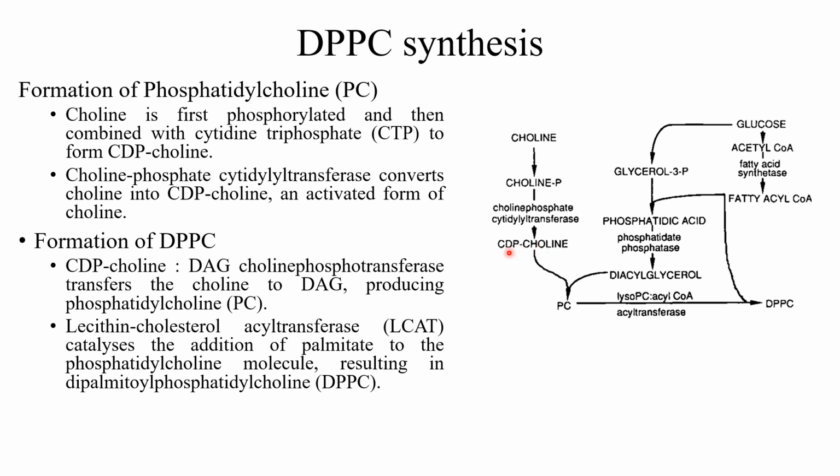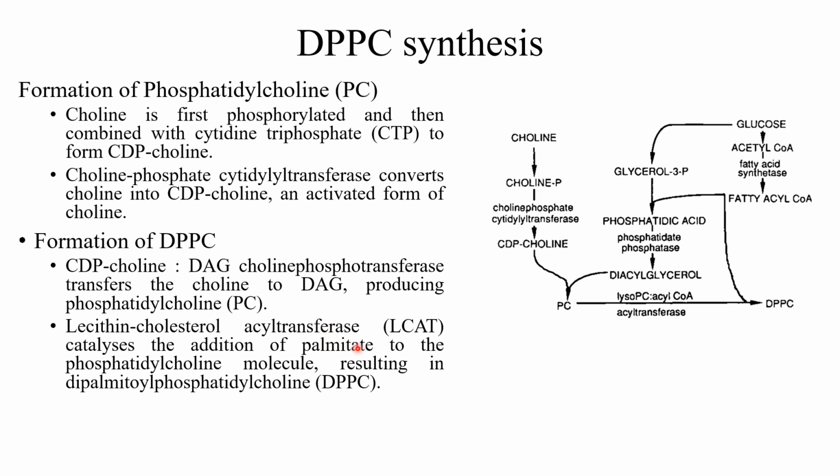The formation of DPPC will start with the combination or condensation of CDP-choline with diacylglycerol, and this is catalyzed by CDP-choline diacylglycerol choline phosphotransferase. They come together and create what we call phosphatidylcholine. The phosphatidylcholine can be added to another palmitate molecule.